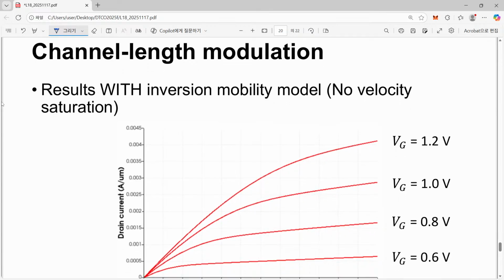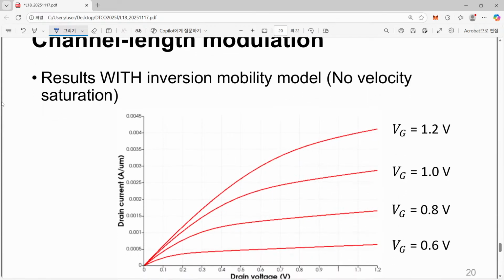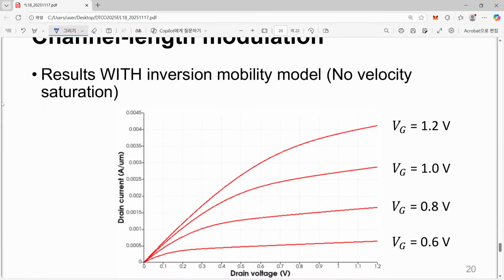This one shows the result only with inversion layer mobility, no saturation velocity. I mean that the Canali model is not used.